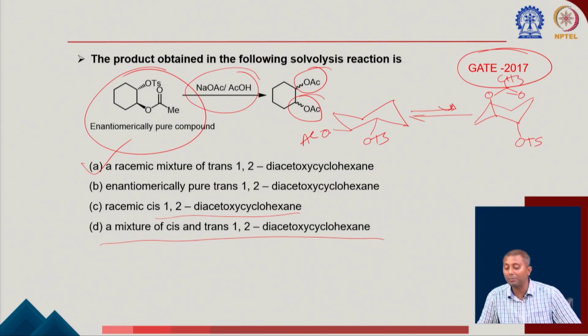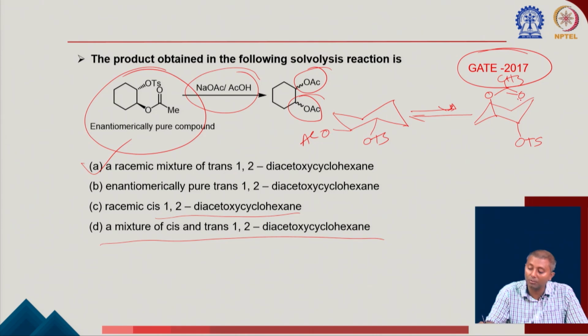But once they are in the axial position, now you can expect some sort of neighboring group participation. Now this oxygen lone pair can attack here to get rid of the OTs group.